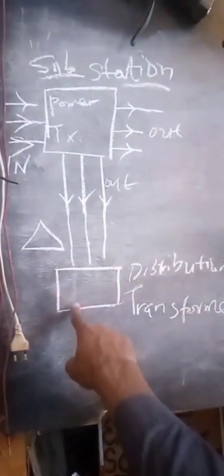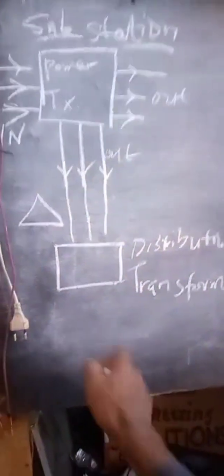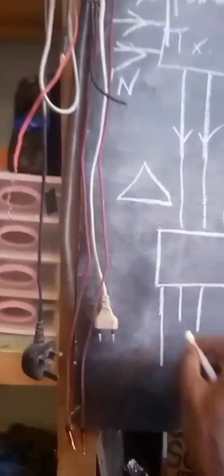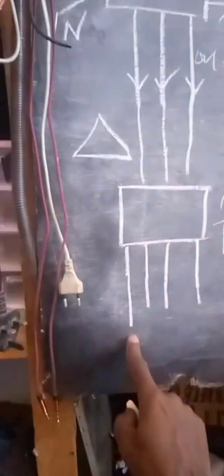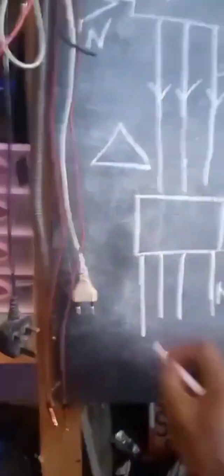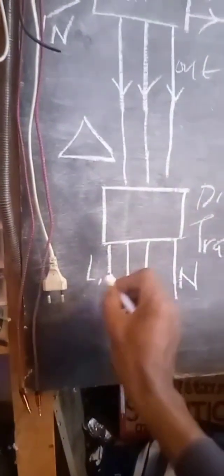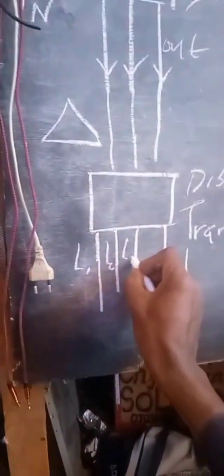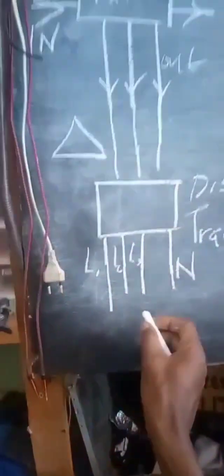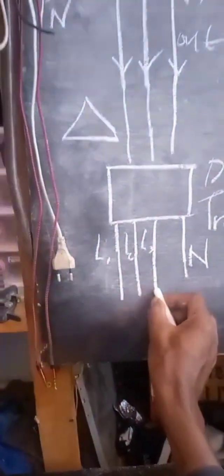So this transformer is able to enter 3 wires and produce 4 wires. 1, 2, 3, 4. This now is 3-phase and neutral. This is line 1, line 2 and line 3. So this power now is consumable to anyone who is in need of power, either domestic or industrial.